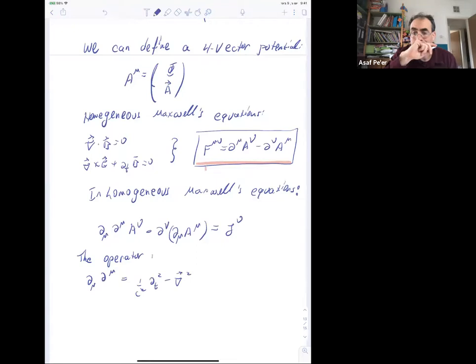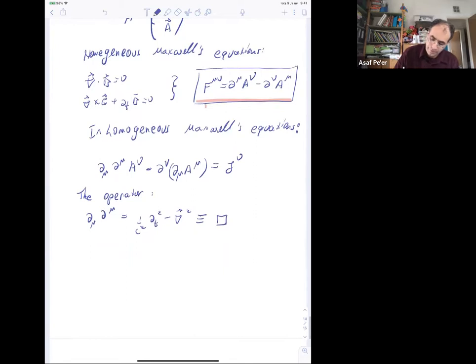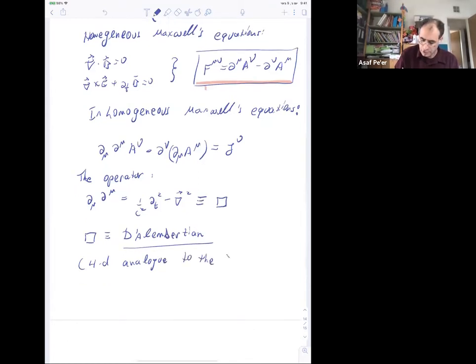This is normally noted as a square, and it has a name: the d'Alembertian. It is the generalization of the Laplacian from 3 dimensions to 4 dimensions, the 4-dimensional Minkowski space analog of the 3D Laplacian.